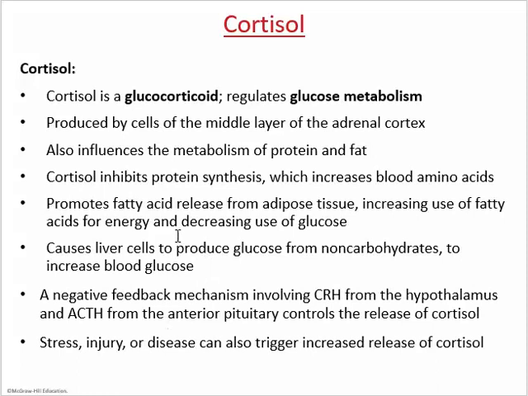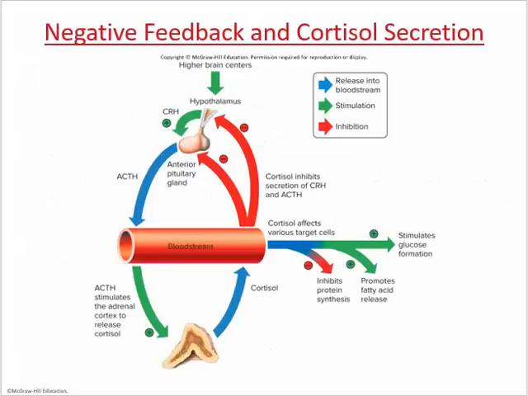It causes fatty acid release from your adipose tissue. It causes the liver cells to make glucose from non-glucose things, mostly proteins. So this is gluconeogenesis. Stress and disease release cortisol and raise blood sugar so that you can fight the stress better.